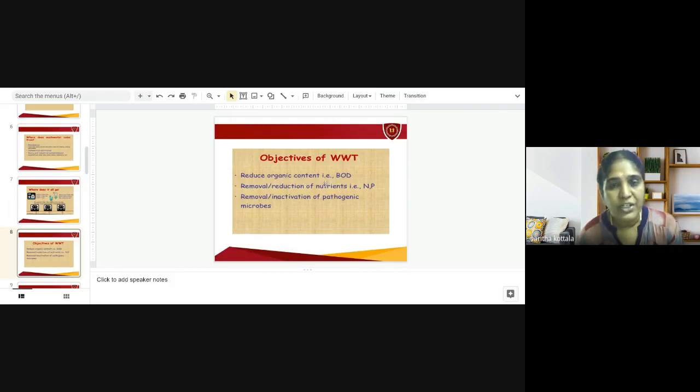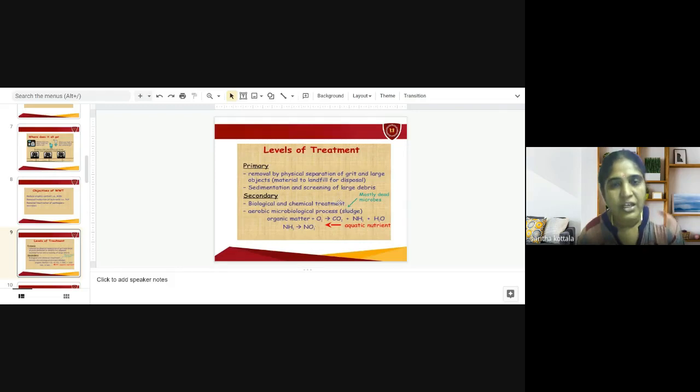Now, what are the objectives? Why do we have to treat this wastewater? To reduce organic content, to remove or reduce the nutrients, and to remove or inactivate pathogenic microbes. There are different levels in this treatment. To begin with is the primary level of treatment. In this primary level, there is removal by physical separation of grit and large objects, with materials going to landfill for disposal.